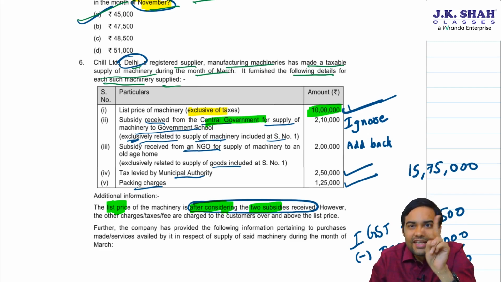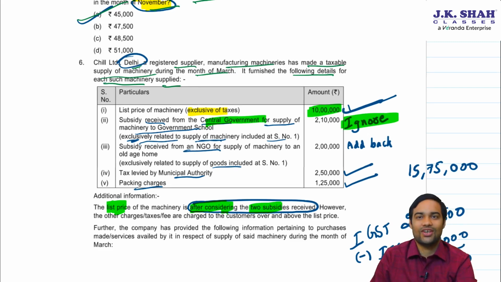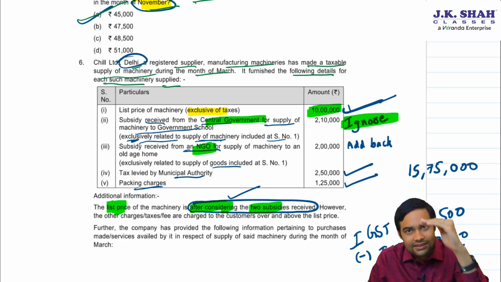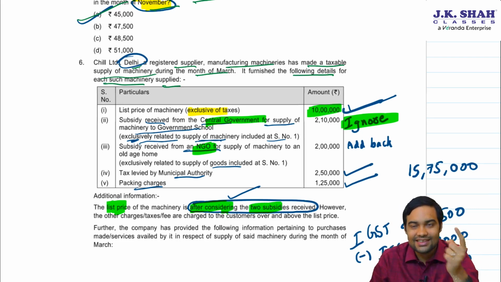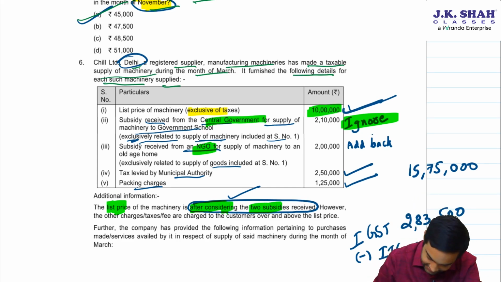No, because it will lead to double deduction. So we will ignore it. NGO subsidy, you have already considered in this 10 lakh. So other subsidy, if you have already considered, you will have to add back because you have removed something which is liable to GST. So this you will add back.